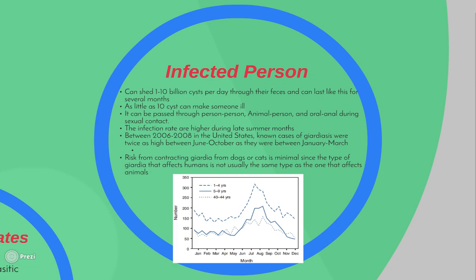Because there are different types of Giardia, the animal to person contact isn't as high as the person to person rate.